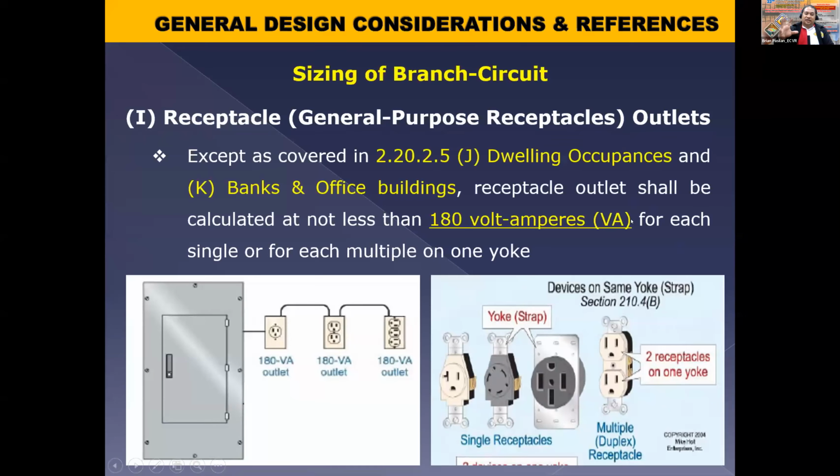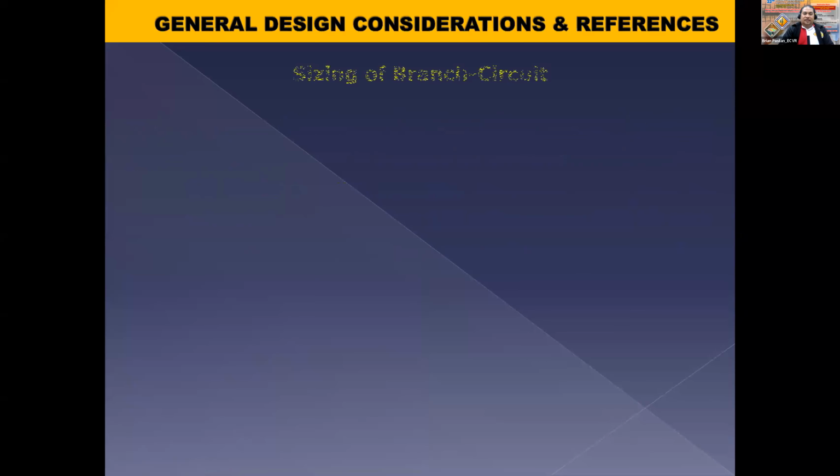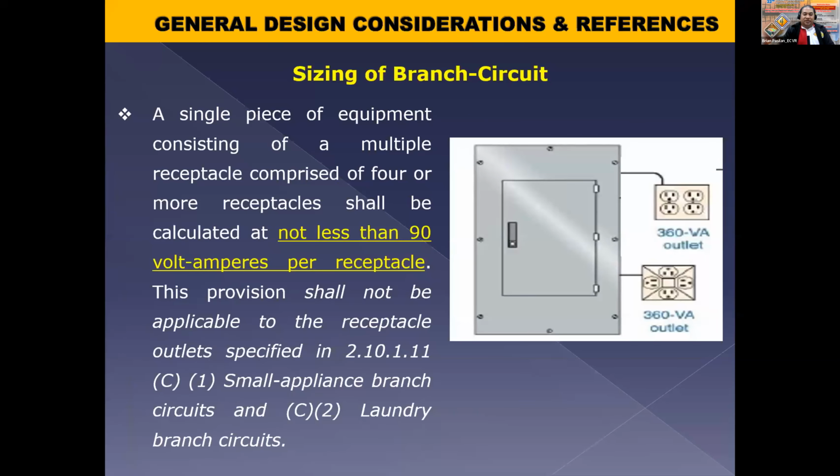Up to 3 receptacles per yoke, yung treatment natin for the demand is still at 180 VA. Parang isang outlet pa rin siya, kahit tatlo siyang receptacles. But it will change kung apat na yung receptacle niya per yoke. So yung demand niya per receptacle na ngayon is treated as 90 VA per receptacle.